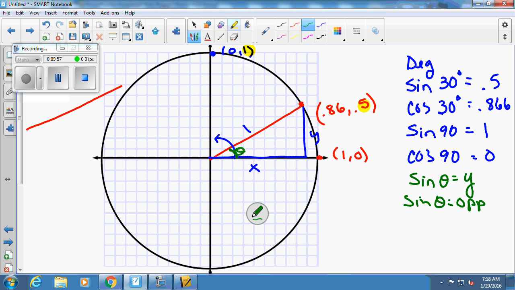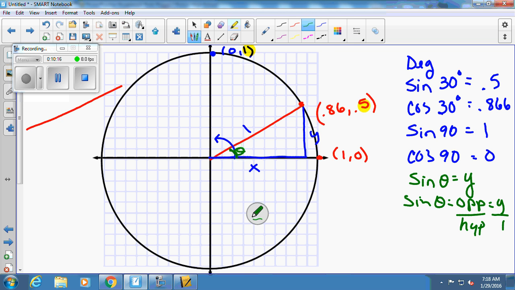And who is that on your picture? You had no problem telling me it was y. It was the height of that triangle. And what is its hypotenuse? Because it is a unit circle, it is 1. So did you just verify that the sine is always going to be equal to the y-coordinate?